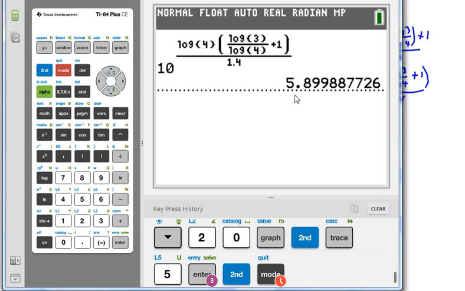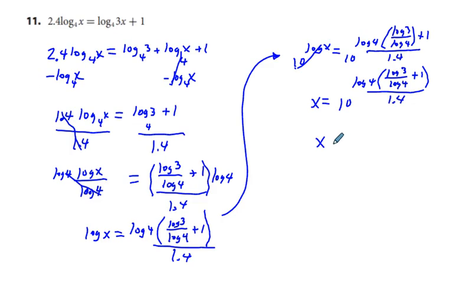So we ended up with x is approximately equal to 5.8999. And we could enter this back into the equation and see if we got it right. It would take a little bit of a process. In the interest of time, I'm not going to do that here.